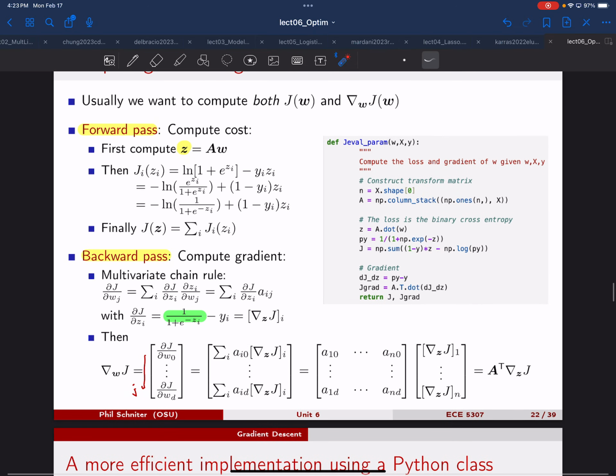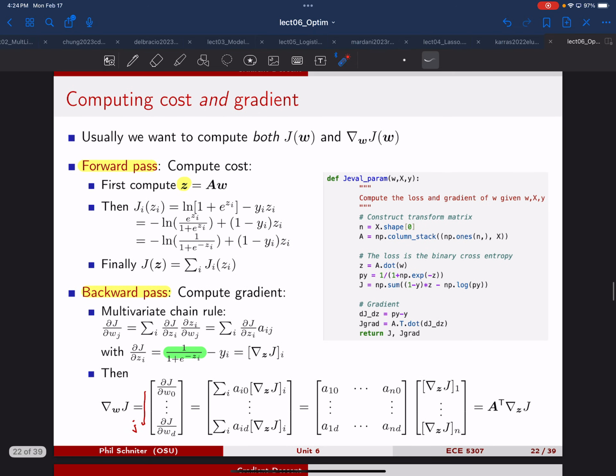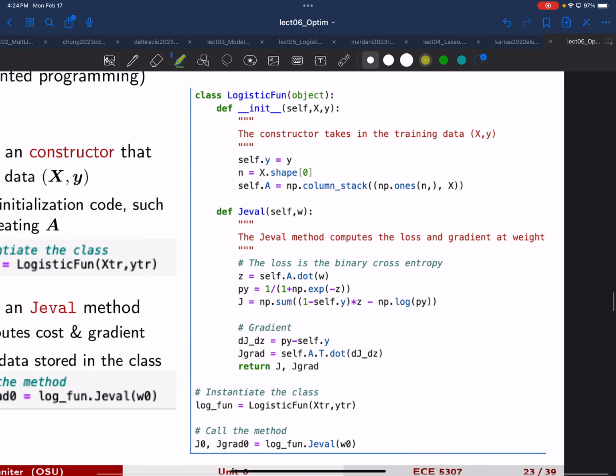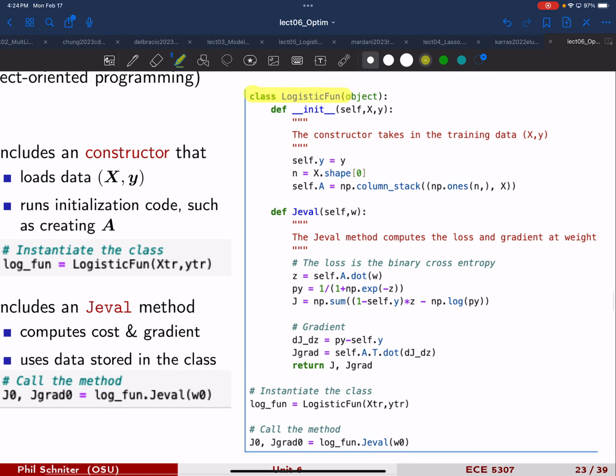And to do that, we're just going to use a slightly different piece of code, something that is object-oriented, and that means we're going to be defining what's called a class in Python. A class is basically like a container that has a bunch of functions in it, but it also has places to store data.